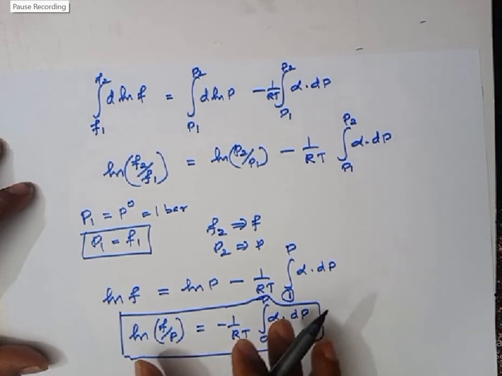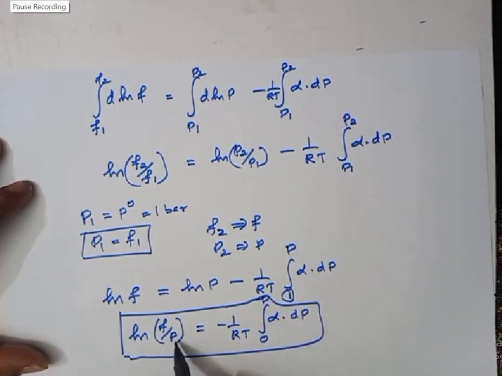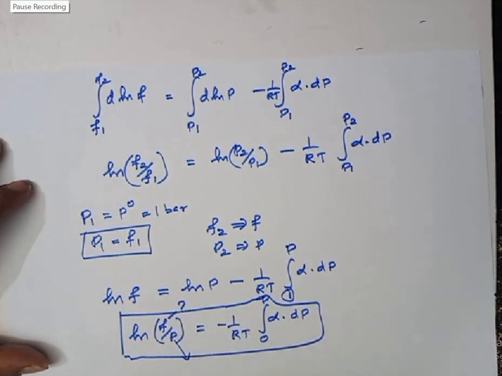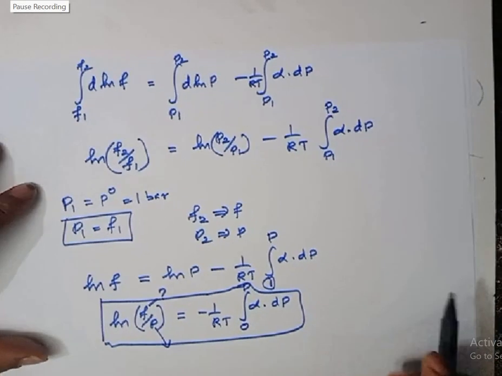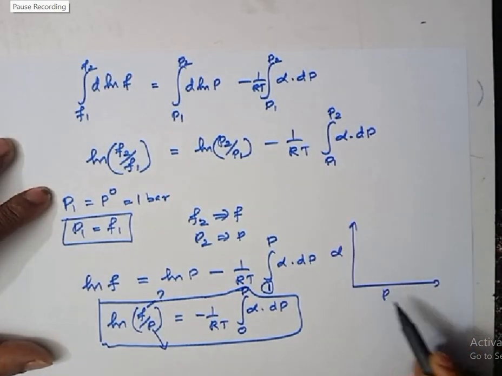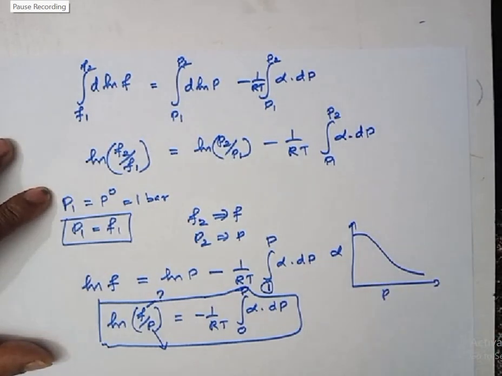What is the importance of this equation? Listen, at some pressure P, what is the fugacity we can calculate? How? If you know this integral, what is this integral? I have given this already. The alpha versus pressure plot we know. This is an experimental plot.